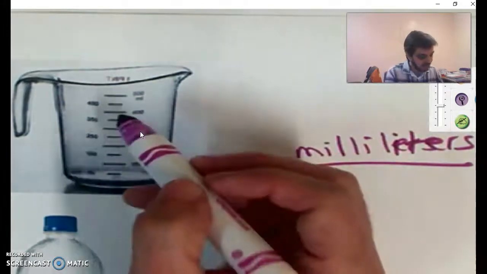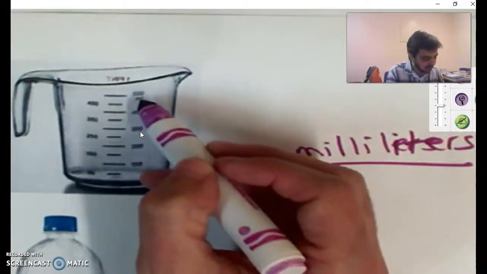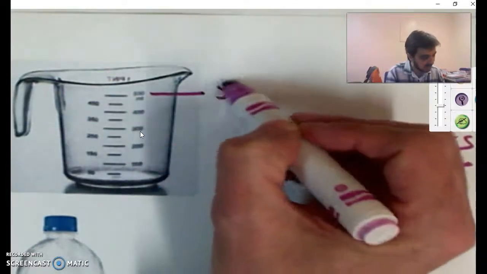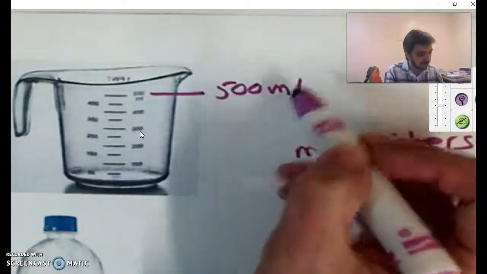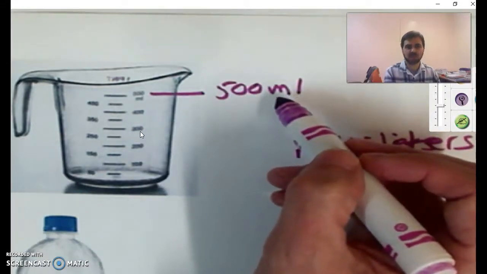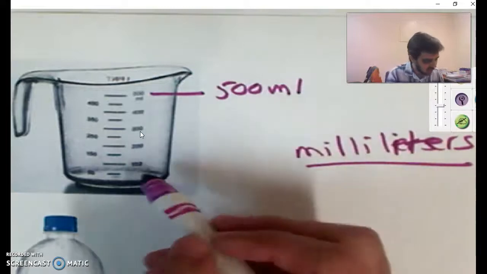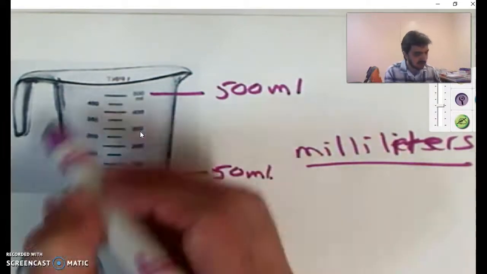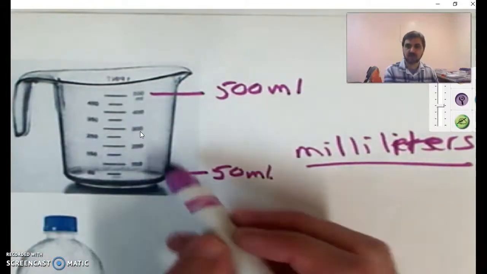All right, so you can see that milliliters are pretty small. It's hard for you to see, but this up here says 500 milliliters. ML is short for milliliter. Okay, so milliliters are very small. You can fit 50 of them just into the very bottom of this glass measuring cup.